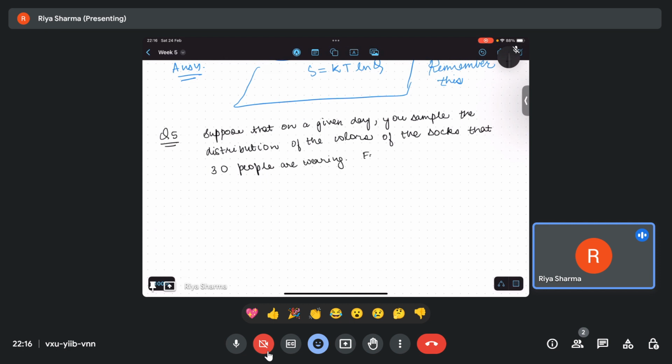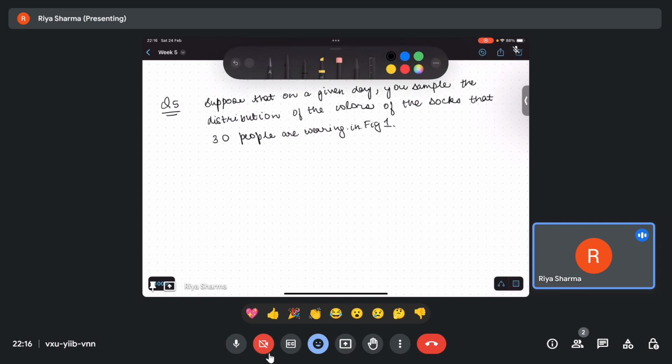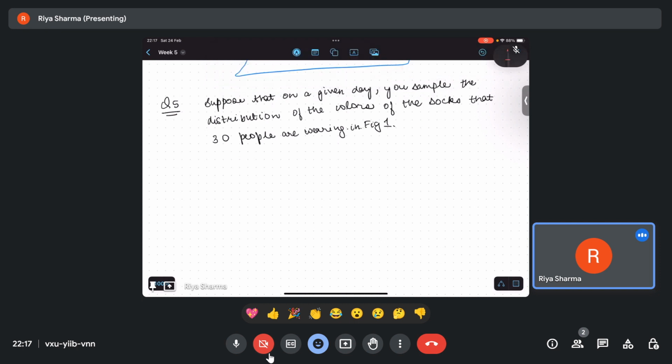So figure 1, I'll be making that figure 1, which shows that. I'll make that with another color, maybe red.